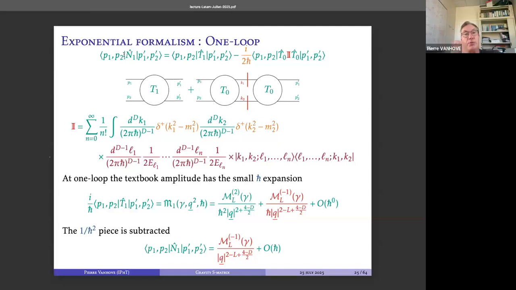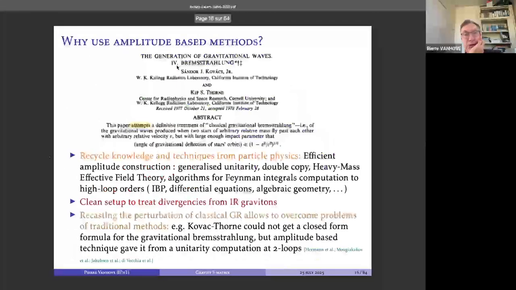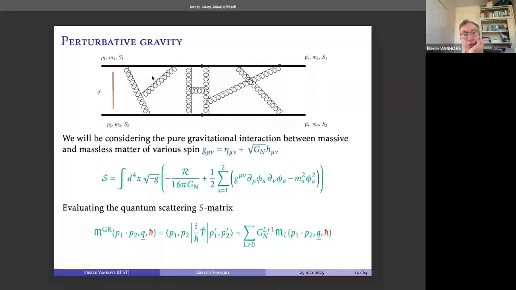And now let's look at one loop. So I'm getting that this is equal to this minus this. This expression here is the amplitude that you would compute if you compute a one loop amplitude. So for example, forget about that part, just focus on that part.